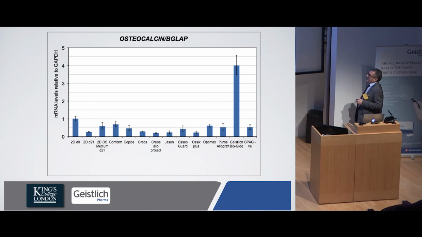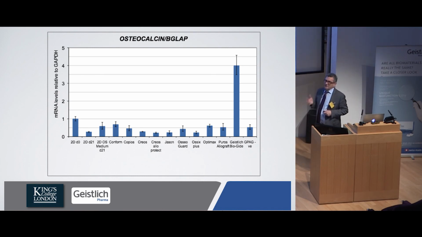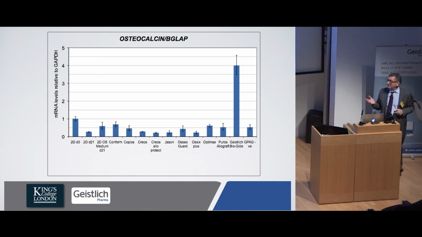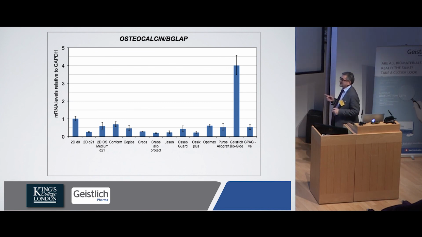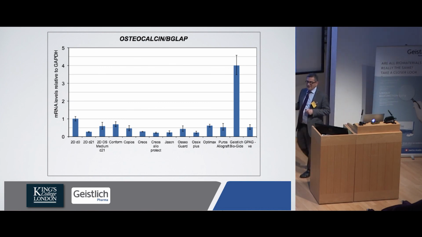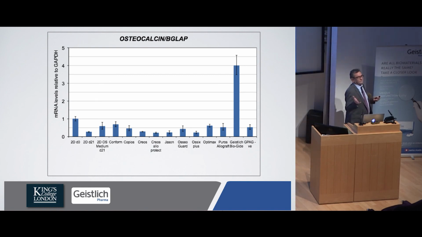So in our normal cultures, without kicking them with anything else, just growing them on this membrane here increases their osteocalcin 5-fold, which is indicative of osteoblast differentiation. And you can see now why they wanted corroboration, because you would never predict that only one of these membranes actually has this effect. You really wouldn't predict it.